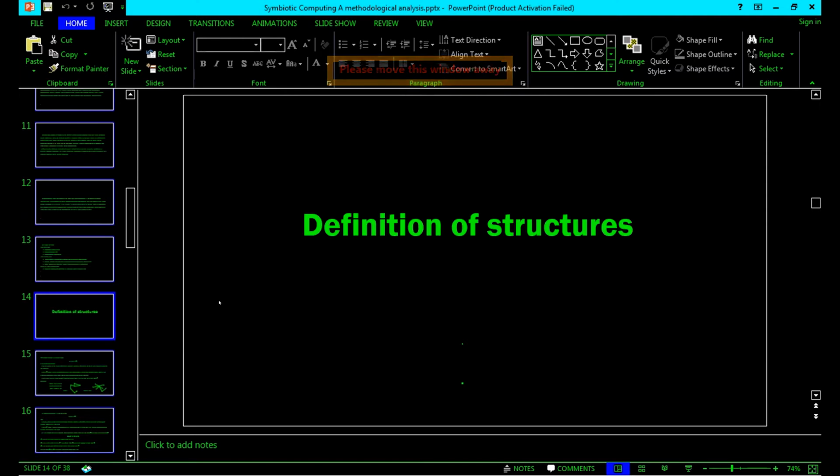Now we have a mathematical apparatus that allows us to formalize our previous ideas.